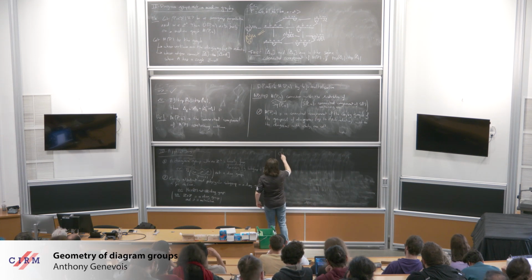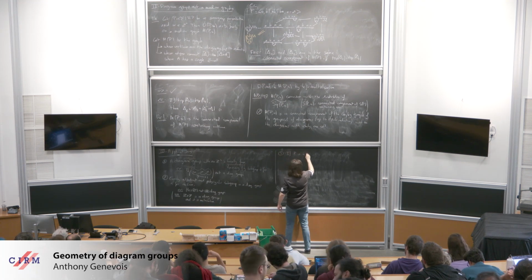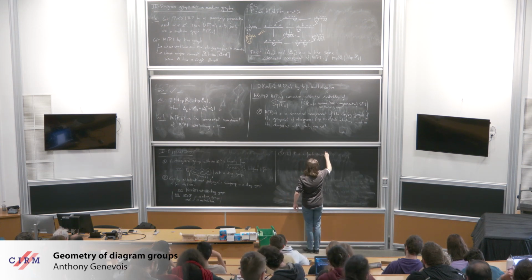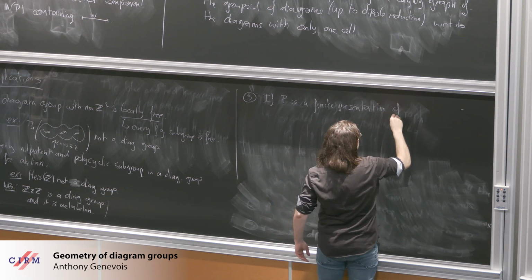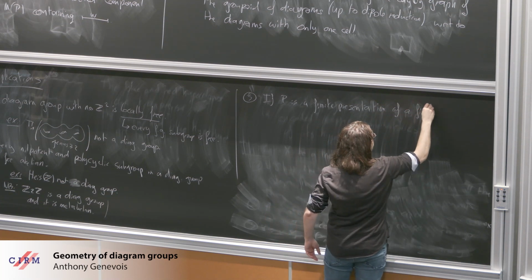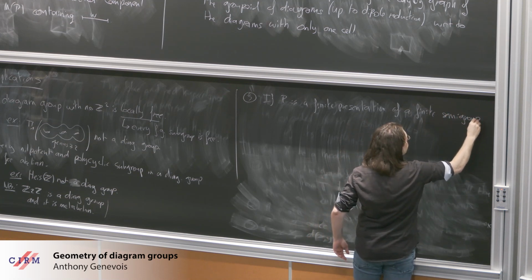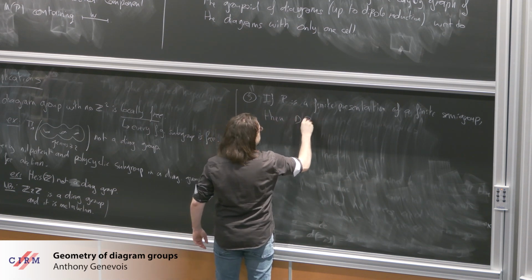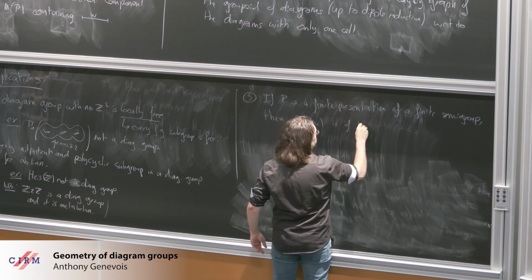Okay. Third point. So if P is a finite presentation of a finite semigroup, then D(P,w) is of type F infinity.